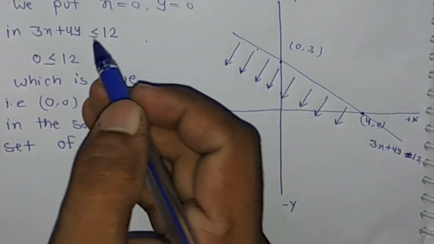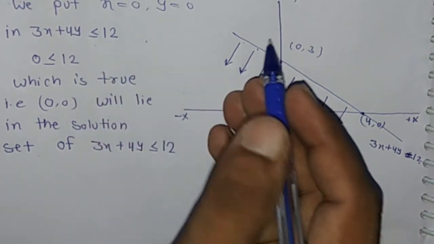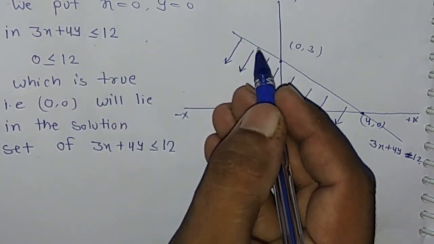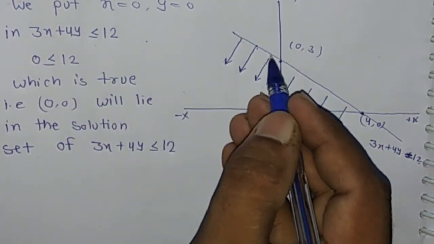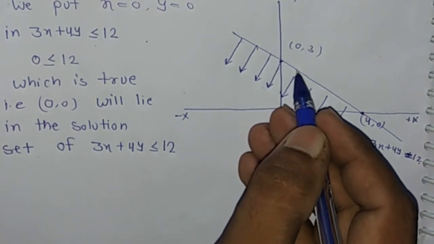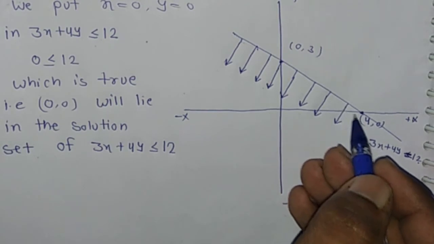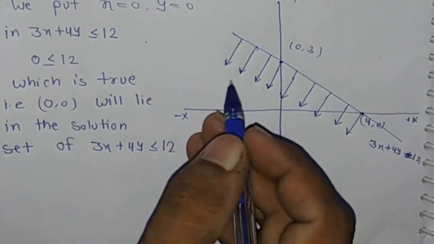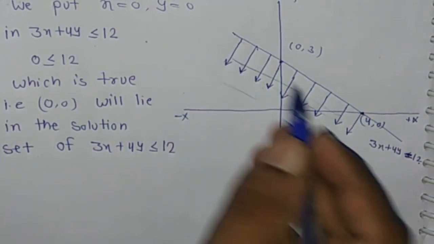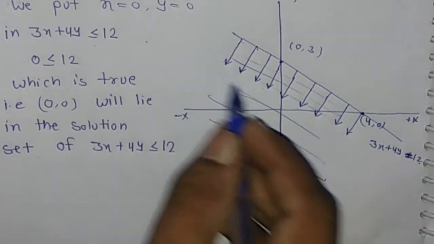But here it is less than or equal to, so we touch these arrows to the line. We touch these arrows to the line and shade this portion. It is the shaded portion.